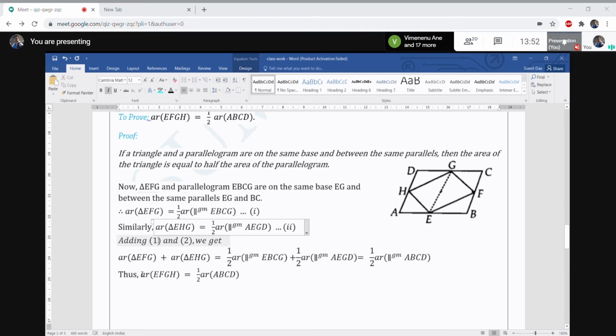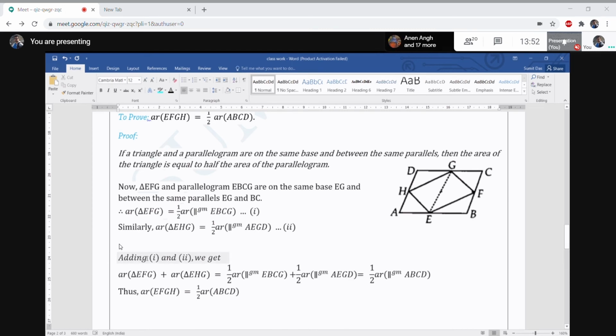So adding 1 and 2, we'll get, I'm adding 1 and 2. What is one? This part, this one and this part. So I'm adding area of EFG and area of EHG on the left hand side, and on the right hand side half of area of parallelogram EBCG and half of area of parallelogram AEGD.